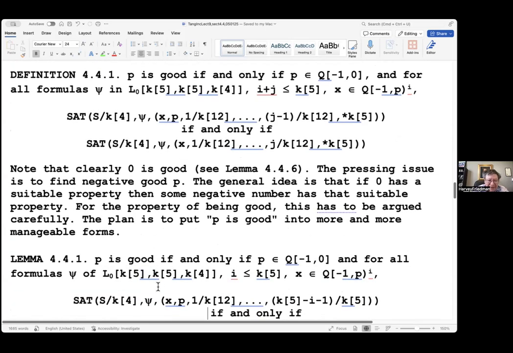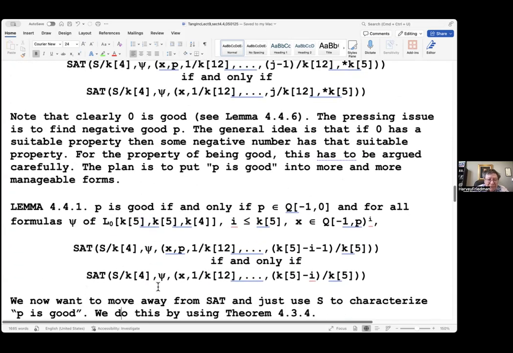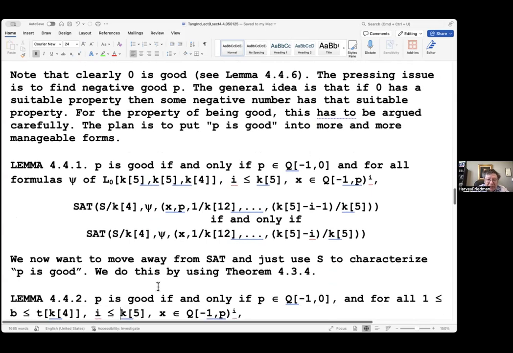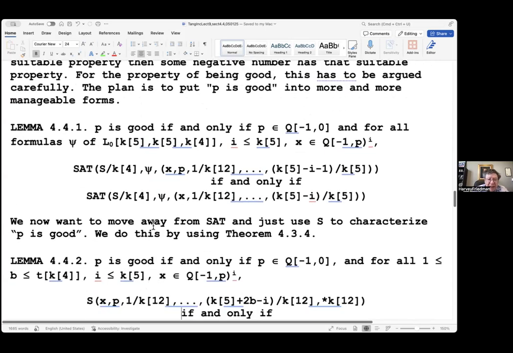Okay. All right. So the first thing is just to normalize things and make the length of things match k over k5. See, the length here is k5. This is a kind of boring thing. That good is the same as looking at this situation.